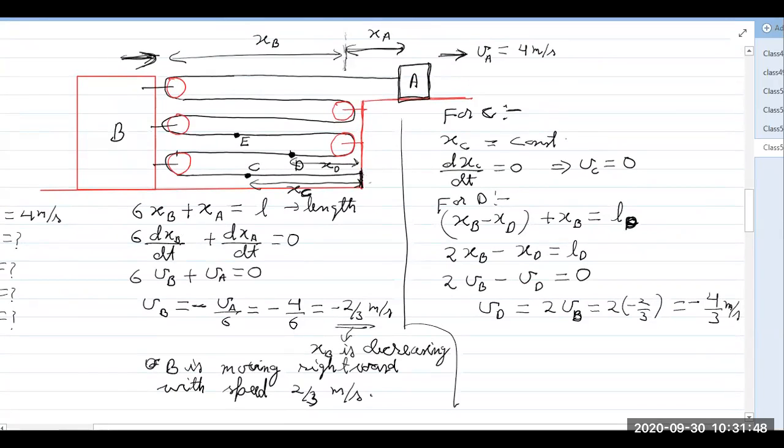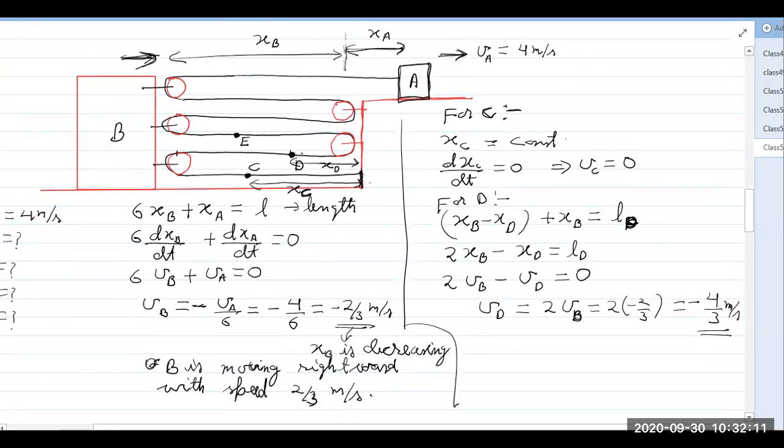The measurement XD is taken on the left side, and negative means what? The rate of change of XD is negative, since VD is negative. What does it mean?